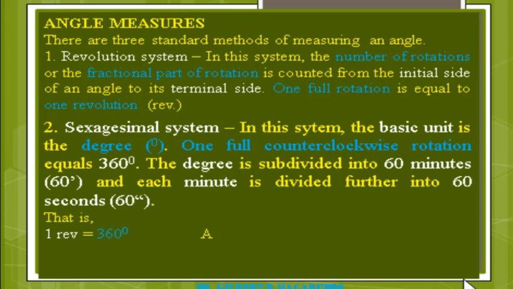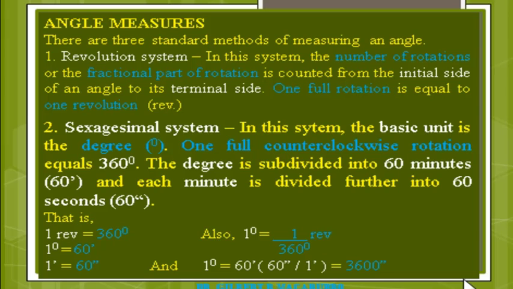That is, 1 revolution equals 360 degrees, 1 degree is 60 minutes, 1 minute is 60 seconds, 1 degree is 1/360 of a revolution, and also 1 degree is equal to 3,600 seconds.